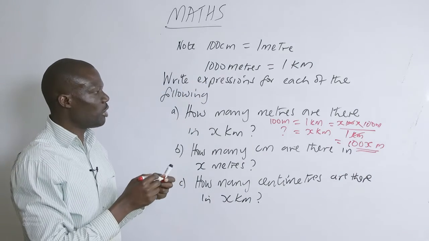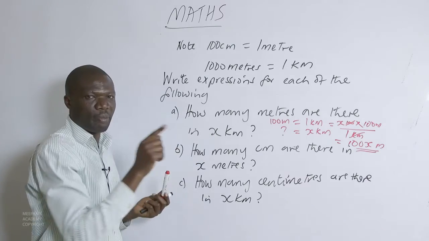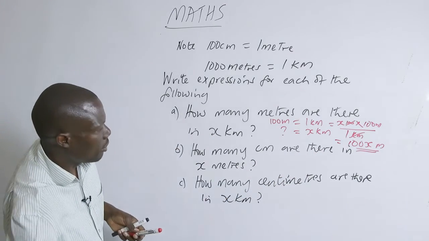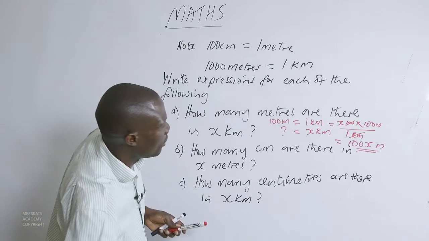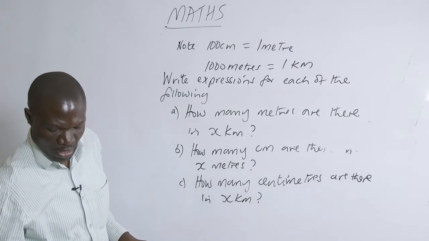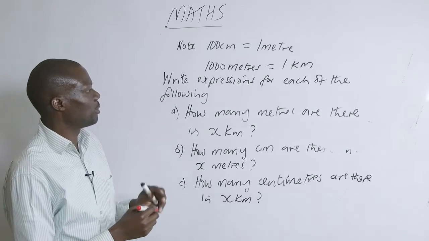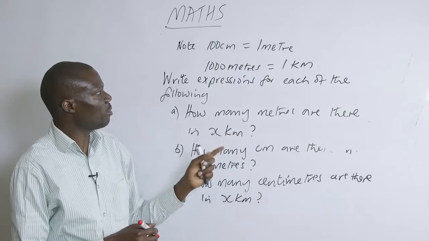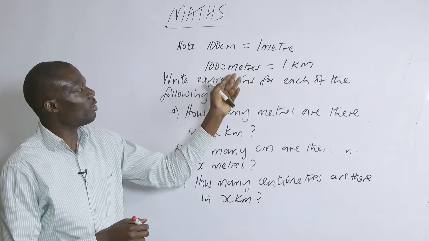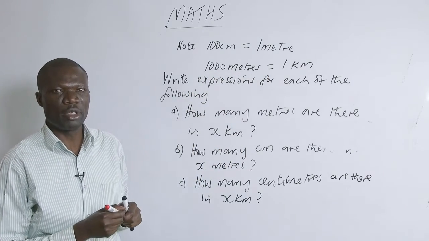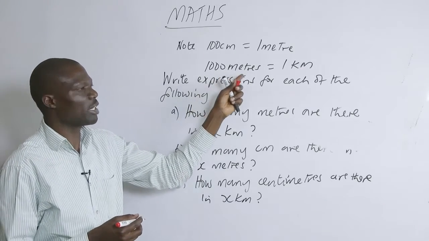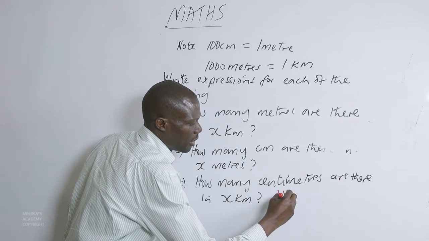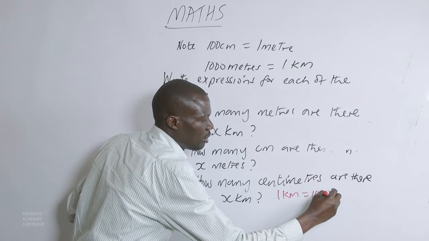So the number of meters that will make X kilometers is as follows. Now, the relationship between meters and kilometers is given as 1,000 meters equivalent to 1 kilometer. So if 1,000 meters is equal to 1 kilometer, then 1 kilometer is 1,000 meters.